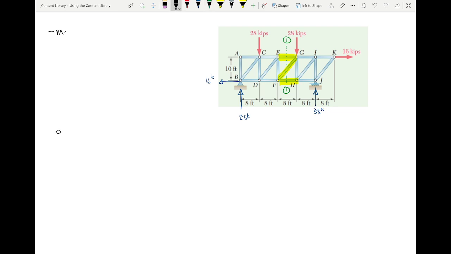So we'll say method of sections, cutting a vertical section, looking left. Okay. So here's this, here's this, here's this.